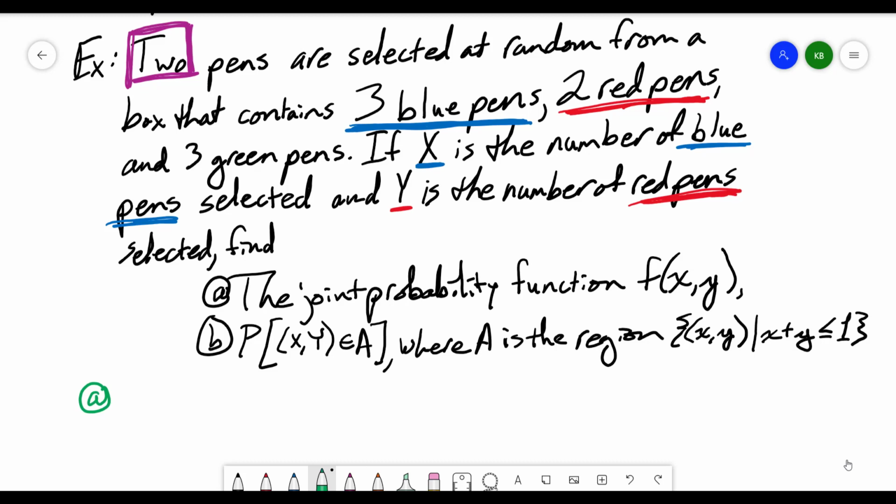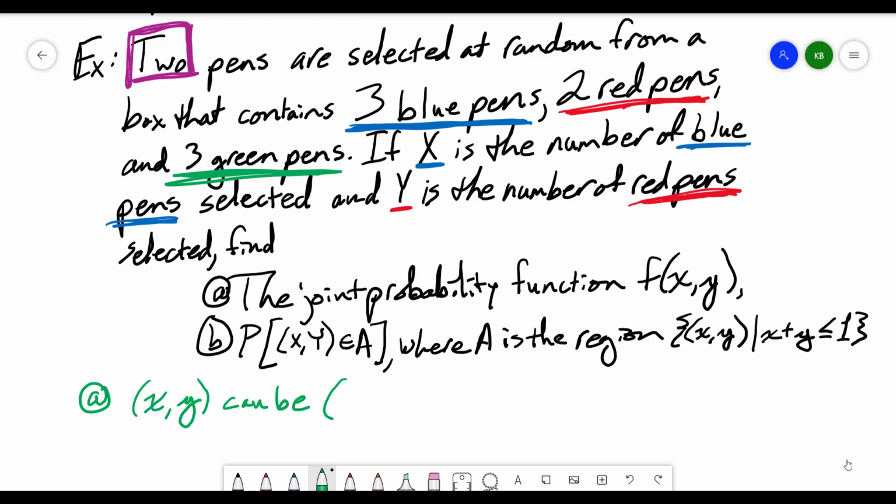So when we're setting out to find the joint probability function f of x,y for a pair of discrete random variables, the first thing we need to do is come up with the possible points x,y, the values that our random variables can take and how they can be paired together. There are 3 green pens in the box, so the 2 pens I select could both be green.